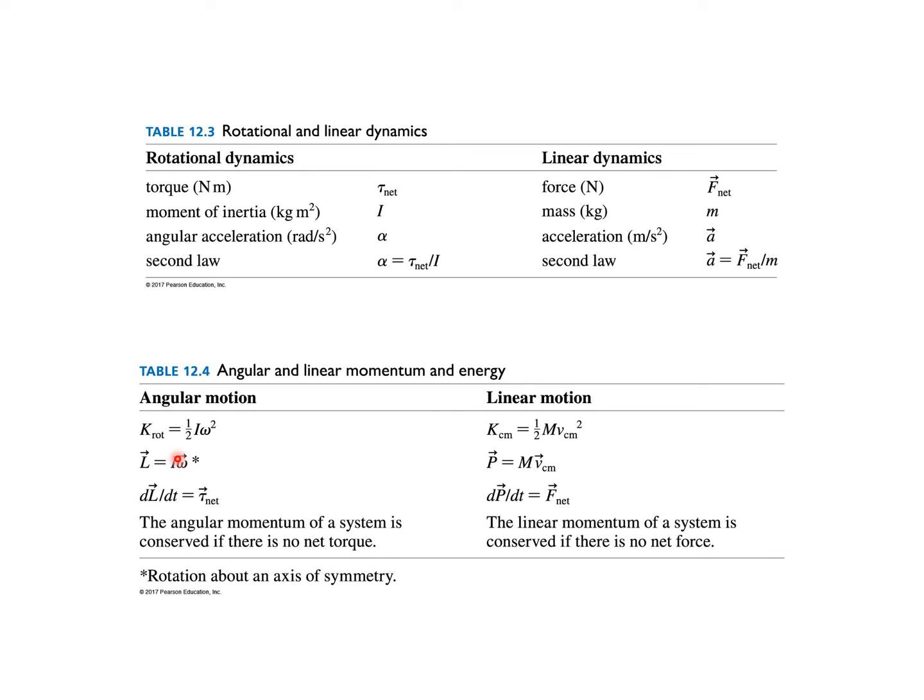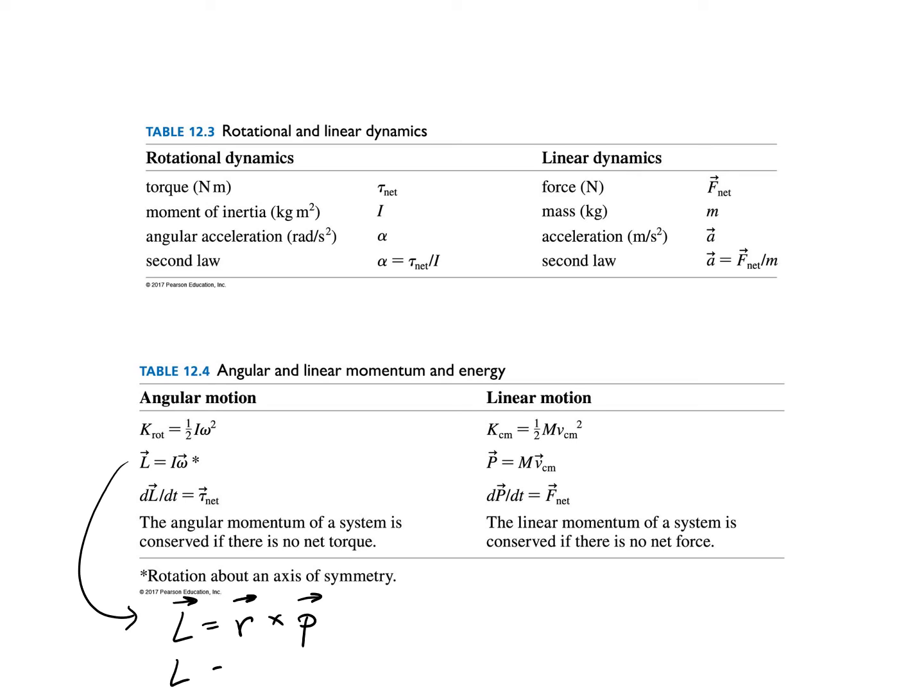For momentum, again, we are going to be looking at having axis of symmetry in this class. So we can use angular momentum is equal to moment of inertia times angular velocity. But it's not the only one we have. We have other equations where we can have L is equal to r cross p.